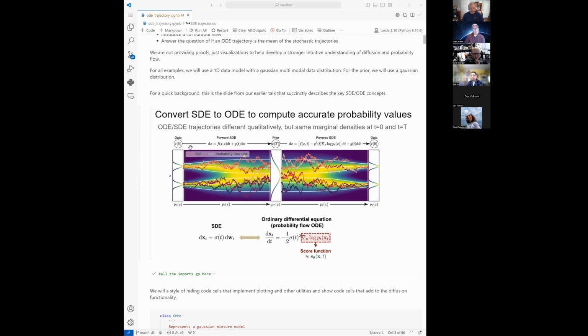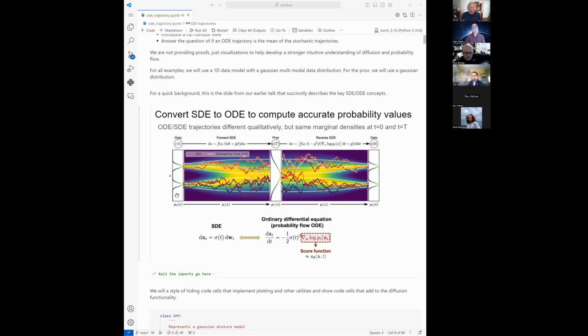The idea here is the SDE, the stochastic differential equation, where you're adding noise to a data signal. In this paper, we're only going to look at one-dimensional data, so we'll have probability distributions in 1D. It just makes it simpler to look at and understand. In this diagram, the PDF, the probability density function of X, the data, is along here.